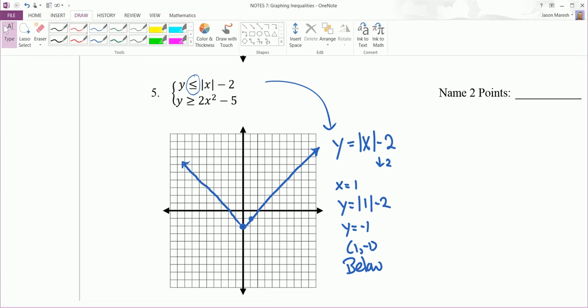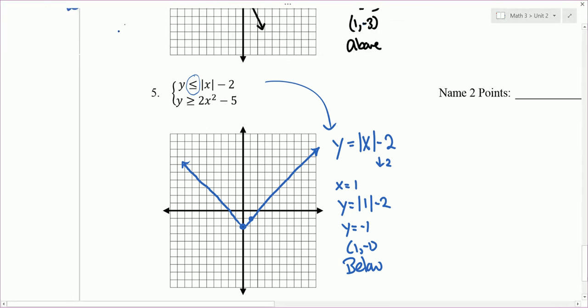So the second equation, we have y equal to 2x squared minus 5. That's quadratic because we have our x squared. That minus 5 drops the parent graph down 5 from 0, 0. So we're going to have a vertex at 0, negative 5. Then let's plug in a point, maybe x equals 1.